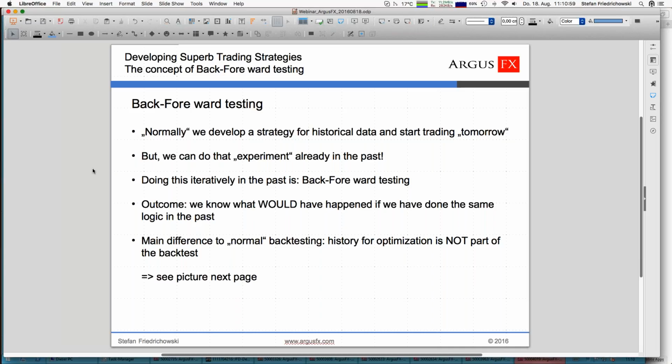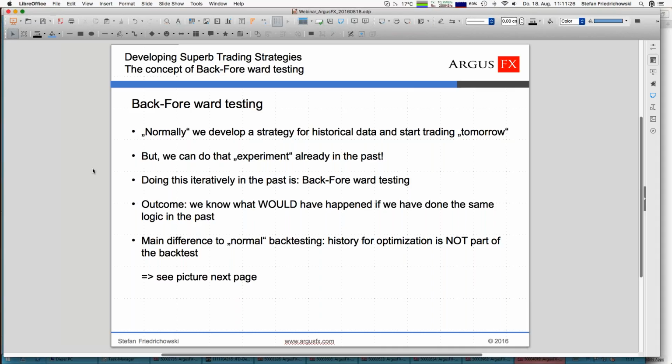And now you know what I mean with good, all in the concept of different key figures. But anyhow, that is what we do normally. We have a complete history and we do our back testing. We derive our parameters and we would start trading tomorrow.